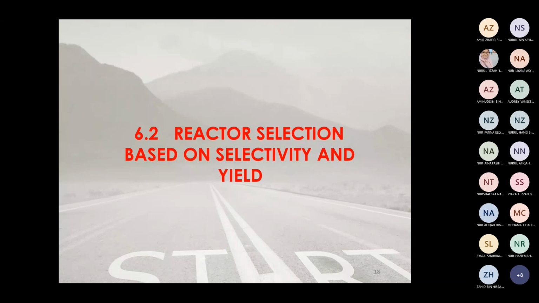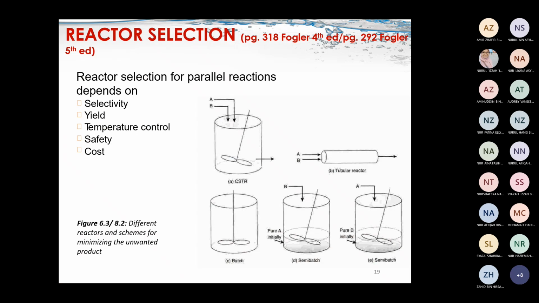Now is the subtopic of reactor selection based on selectivity and yield. Reactor selection for parallel reactions depends on selectivity, yield, temperature control, safety and cost. These are the factors you need to take into consideration when you want to select a reactor.